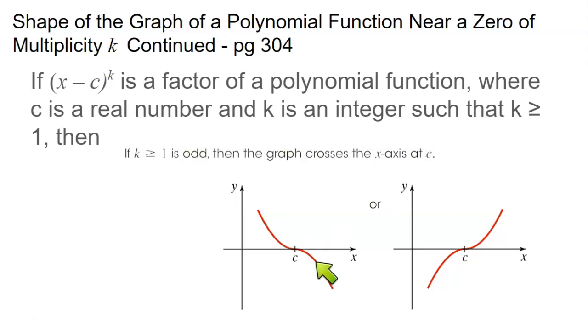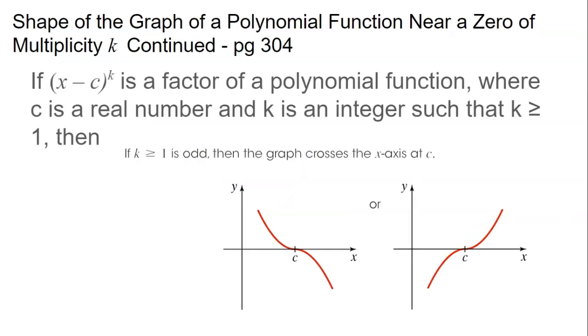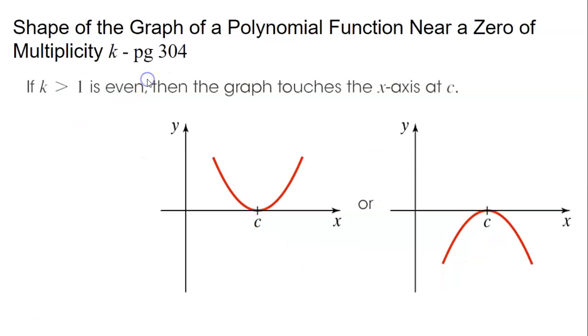So we'll always pass through the x-axis at whatever number this is. If k is an even number, so we have the same situation, if x minus c to the kth power is a factor and k is even, then the graph will just touch at the x-axis.